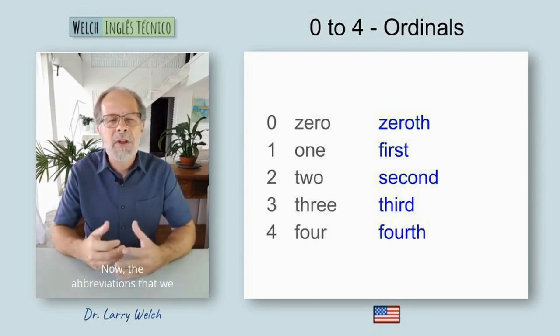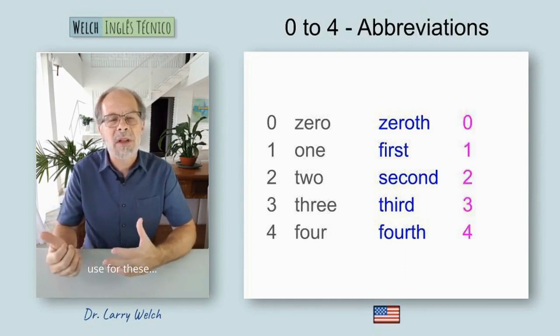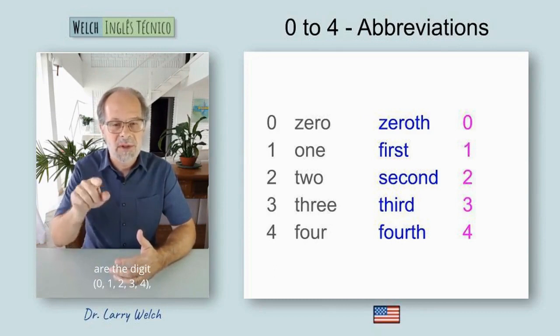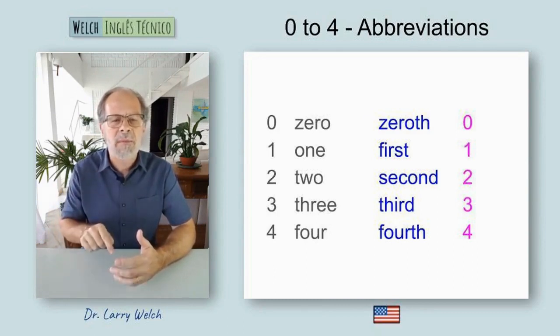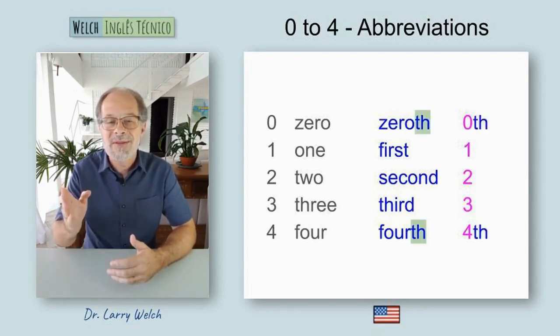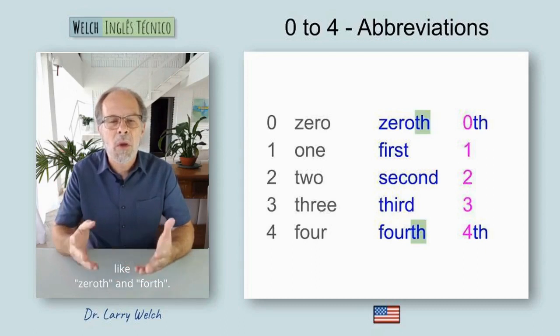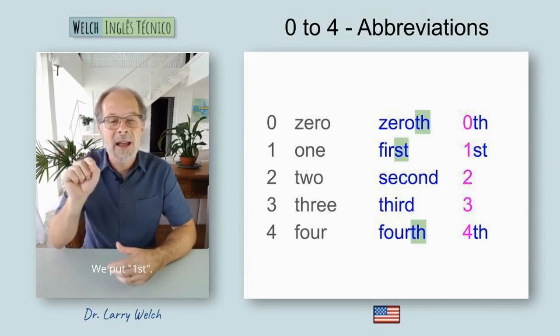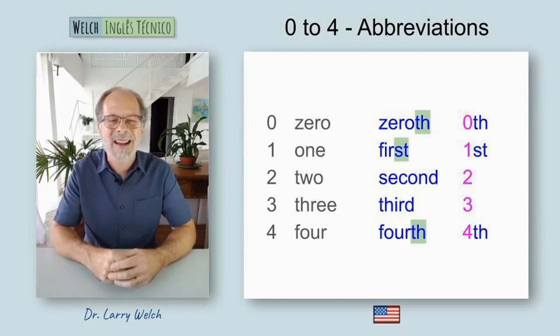Now the abbreviations that we use for these are the digit, 0, 1, 2, 3, 4, and then 2 letters. It's either th, like zeroth and fourth, or first we put 1 st, st comes from first.